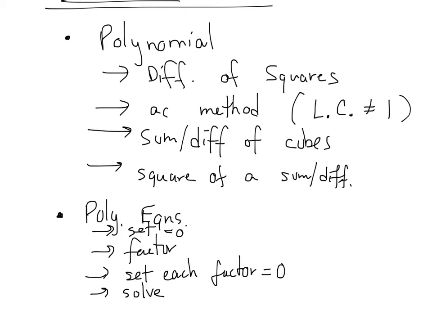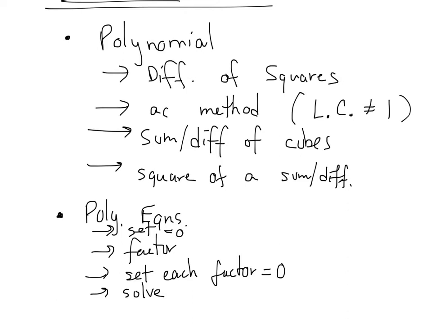And usually, in these cases, it will always be true, but later on in the year it won't. But usually, the number of factors is equal to the degree of the polynomial. So if it's x to the 4th power, you'll probably get 4 factors, and you'll get 4 solutions. Now, in this section, we're going to see that all those solutions are real. But if we look at more difficult stuff later in the year, we're going to see that some of them are imaginary and not real.